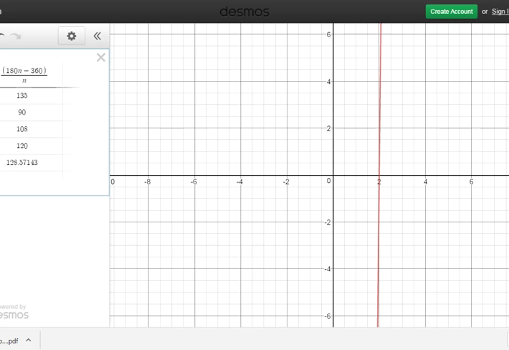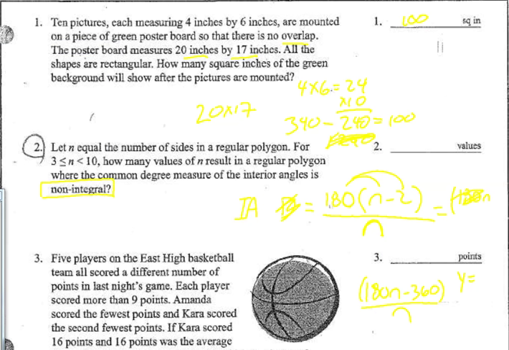And here's 9. And here, but we can't go over 10, but we'll put 10 in there just for funsies. We see that we all have whole numbers every time. So 7 is the only polygon side length that gives you a non-integral interior angle measurement. That means we have exactly 1.